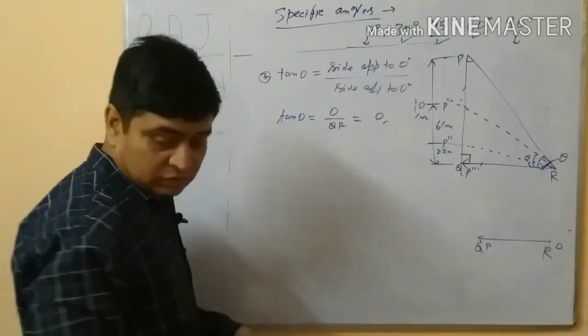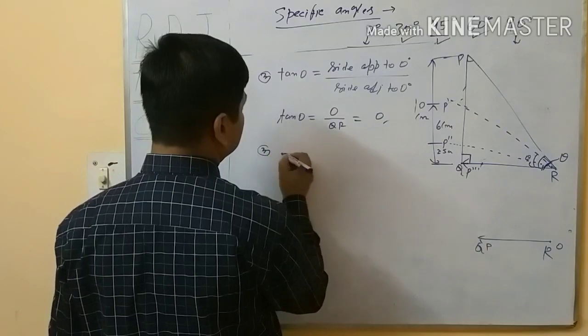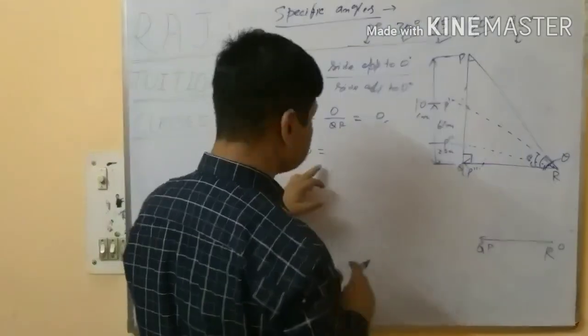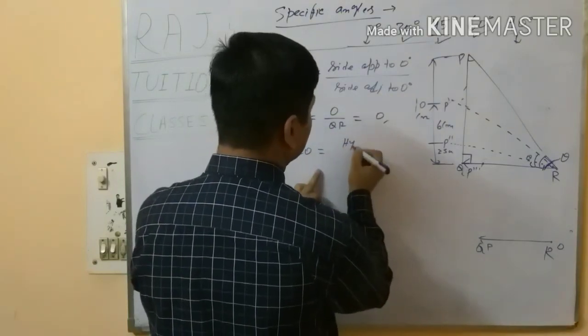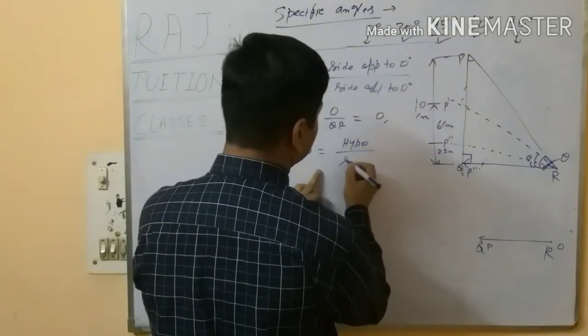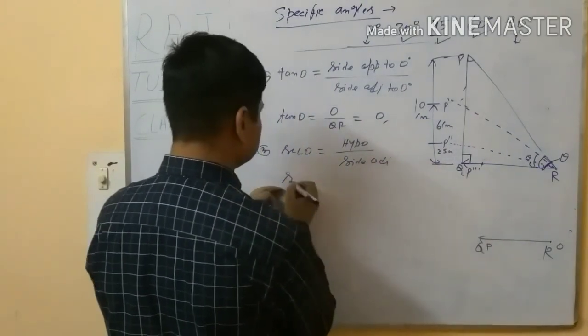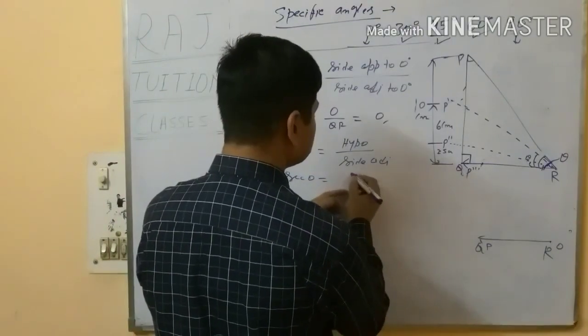Okay. Now to find out the value of sec 0, the reciprocal of cos. Reciprocal of cos means hypotenuse divided by side adjacent. So sec 0 equals hypotenuse. Which one is hypotenuse now?